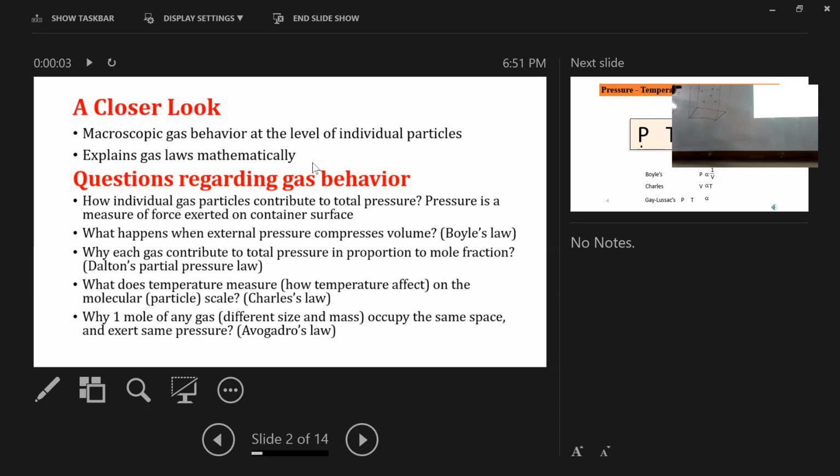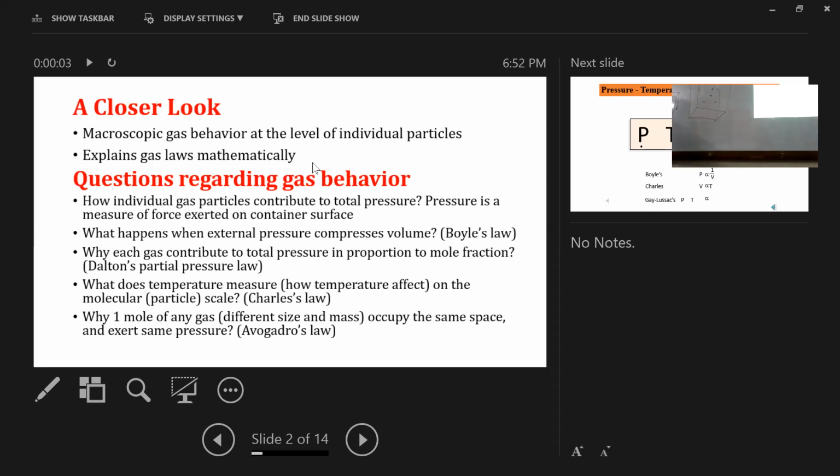And why does each gas contribute to total pressure in proportion to mole fraction? That means if we remove one molecule, the pressure can be reduced a little bit. So how much pressure is exerted when many molecules are there, and if we remove some of them or add some extra molecules, how does it contribute?